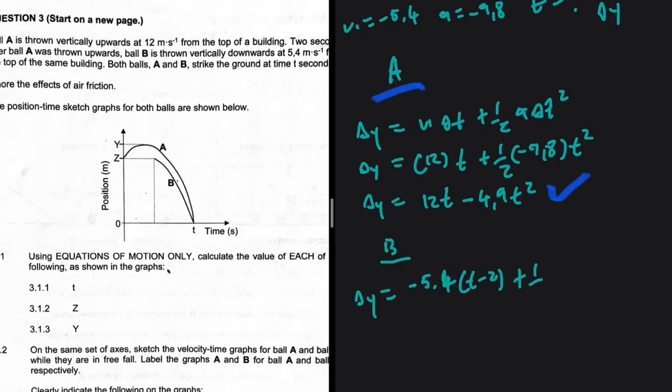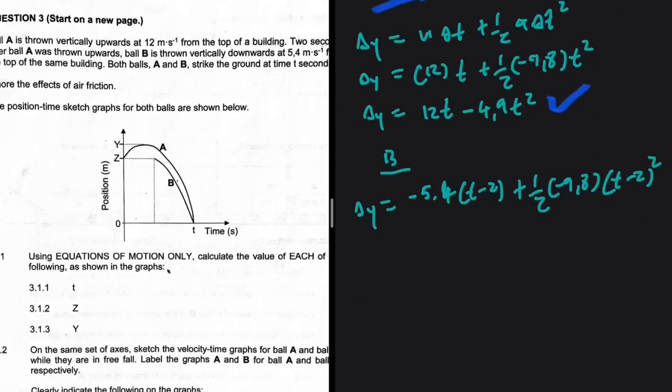And then plus a half times acceleration, minus 9.8, so here we also have t minus 2 squared. This is because it was thrown 2 seconds after ball A was thrown. So delta y is going to be minus 5.4t plus 10.8. Let me just verify, because in the exam you will substitute 2 multiplied by 2 in the calculator so you don't make any mistake.